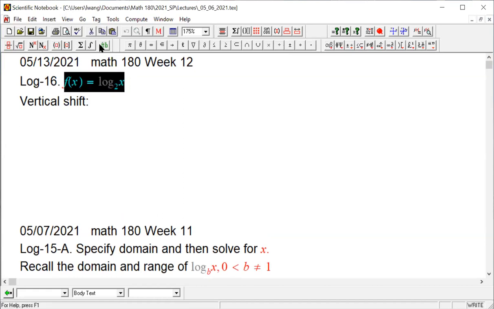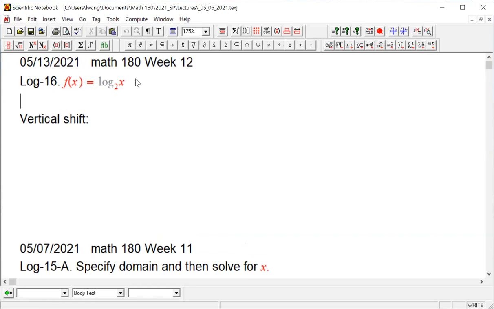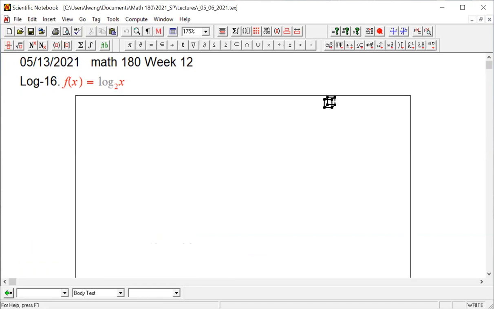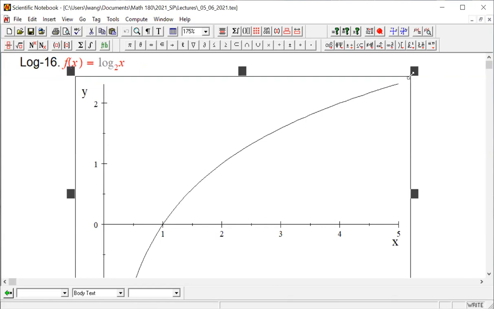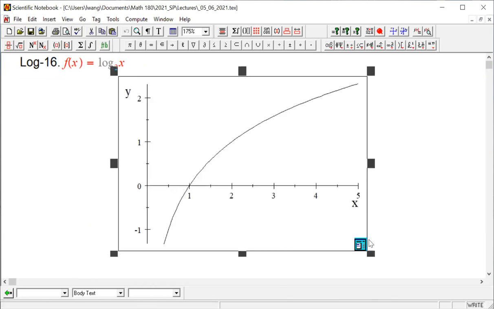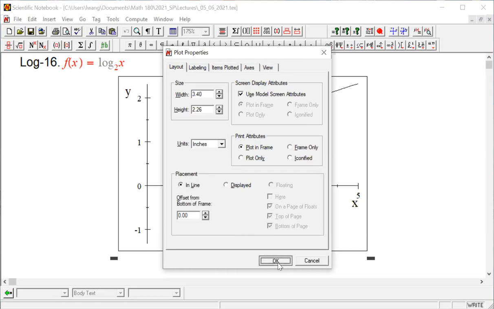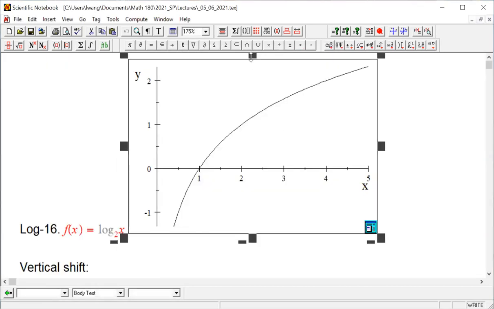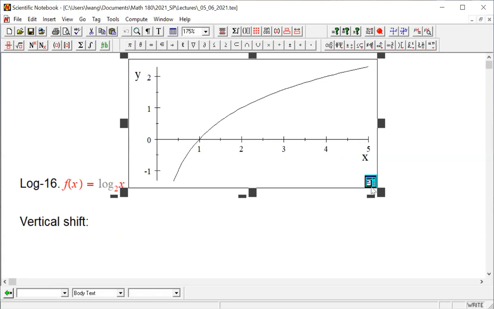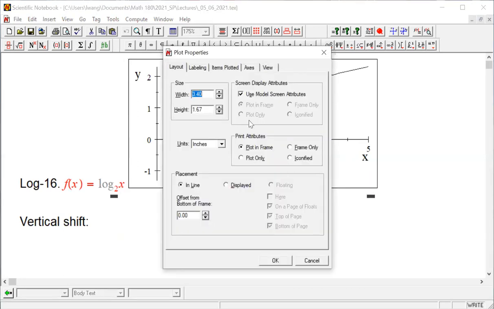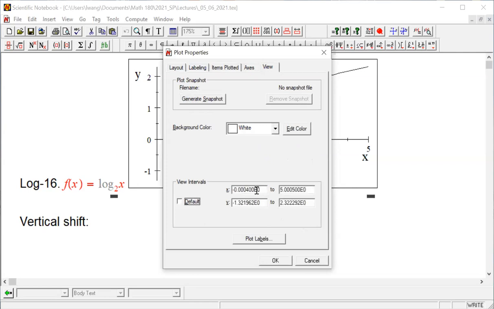First of all, let's look at this function. We have graphed this function multiple times. This is log base 2 of x. So I'm going to put this like this, and then we're going to adjust the view a little bit.